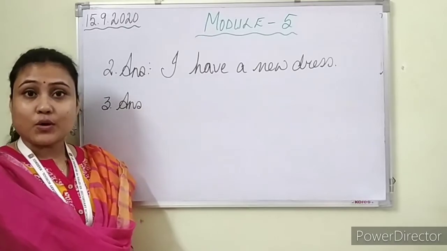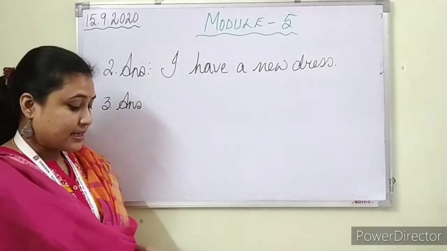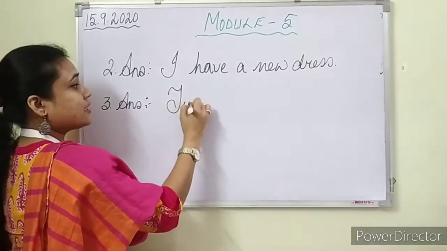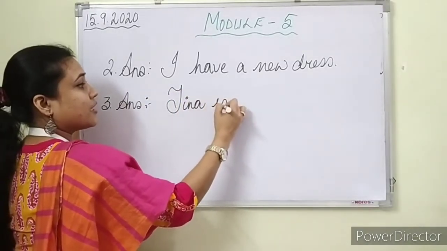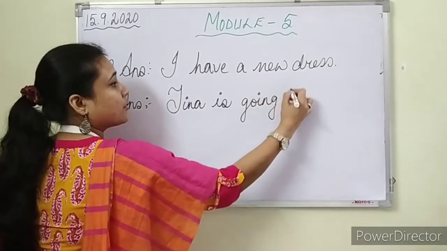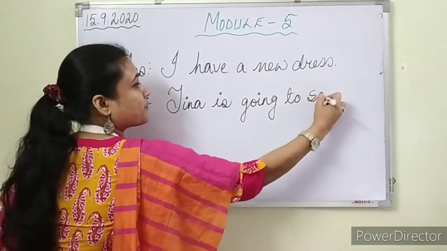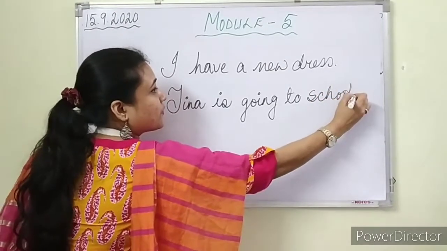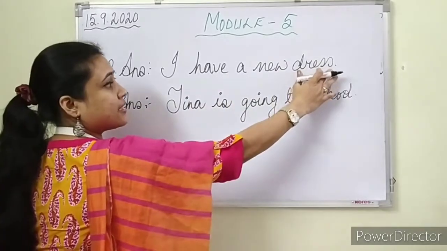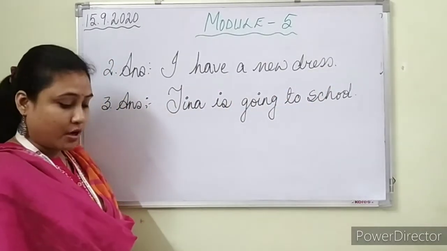So let's check the correct answer. Tina is going to school. Have you checked? I have started with a capital letter and I have ended the sentence with a full stop.